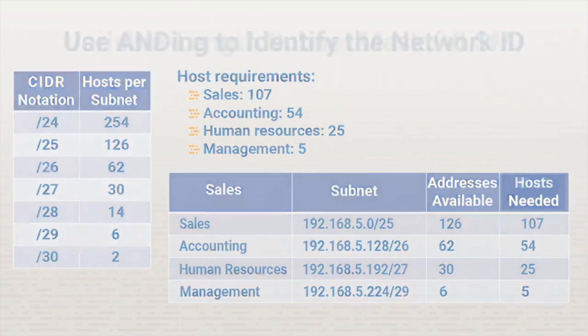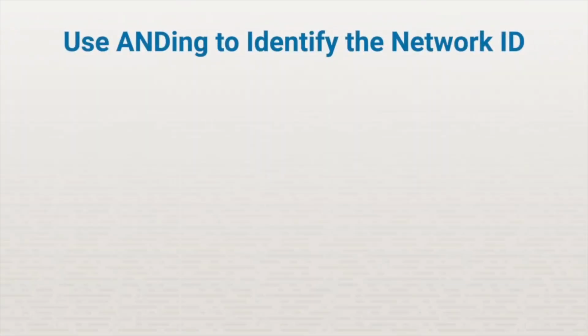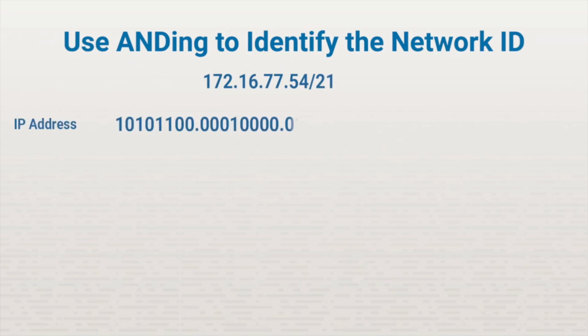Another concept you need to know is how to find which network an IP address belongs to. This is done using a process called ANDing. For example, if you're given an IP address of 172.16.77.54/21, the first step is to convert the decimal number to its binary equivalent.